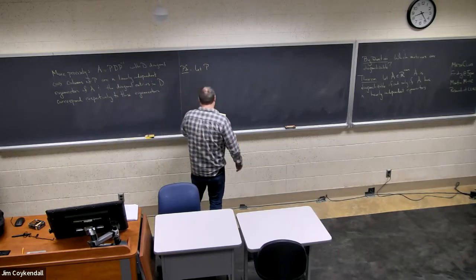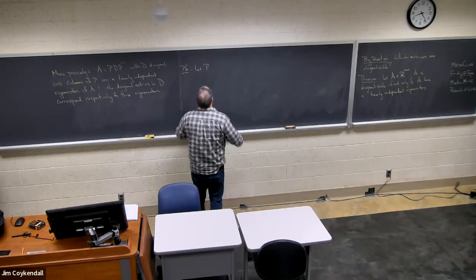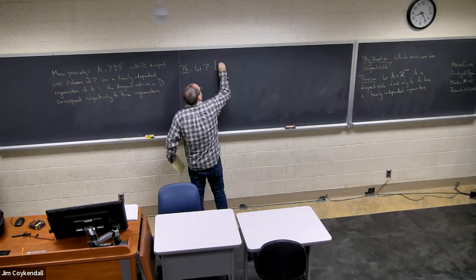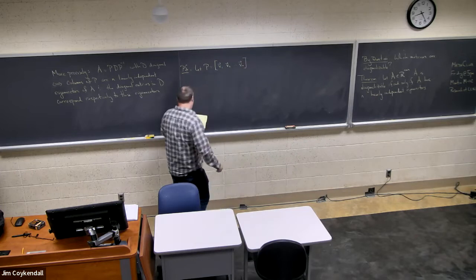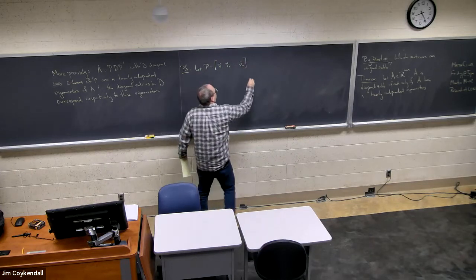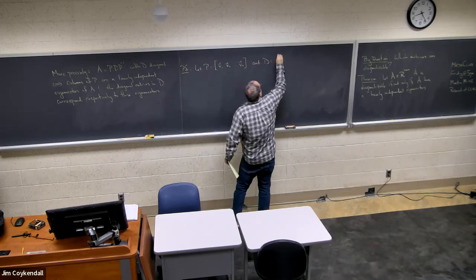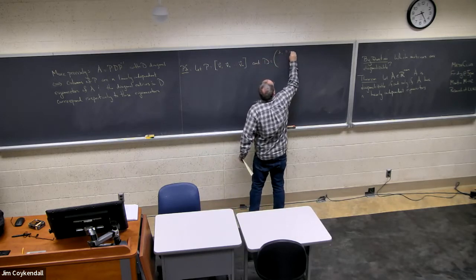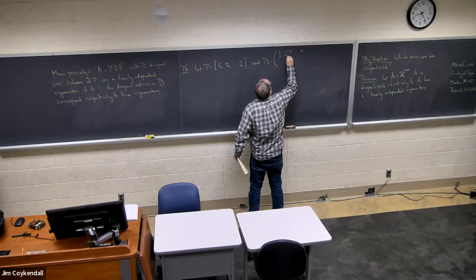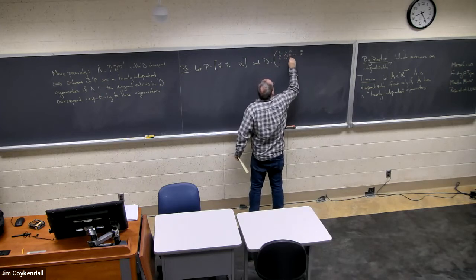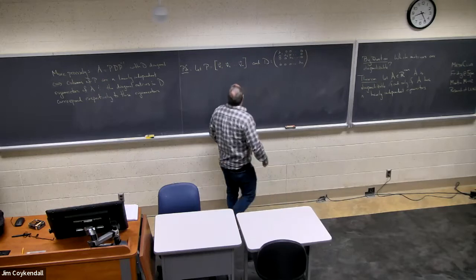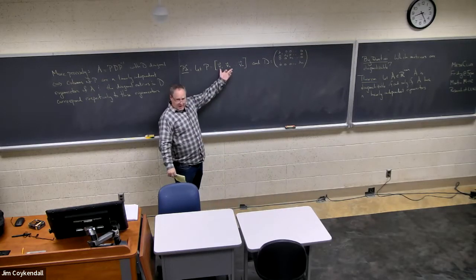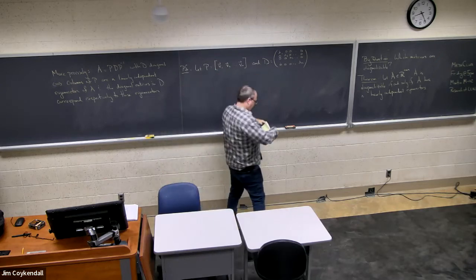But let's let P have n column vectors, and let D be a diagonal matrix with lambda 1, lambda 2, lambda 3 on the diagonal and zeros elsewhere. Okay, so my setup here is P has n column vectors of height n, and this is D.